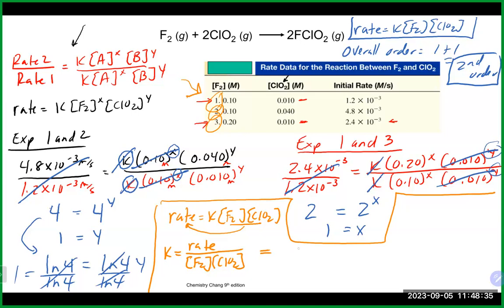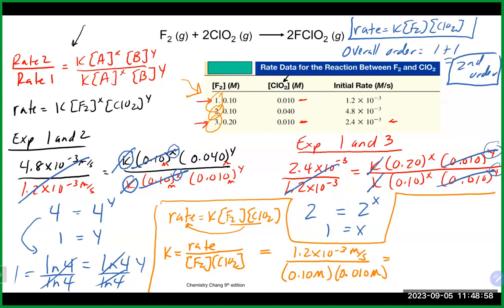When I do that, that will give me 1.2 times 10 to the minus 3 molar per second, divided by our F2, which is 0.1 molar, divided by 0.01 molar. Putting those in there gives me 1.2 times 10 to the minus 3 divided by 0.1 divided by 0.01.